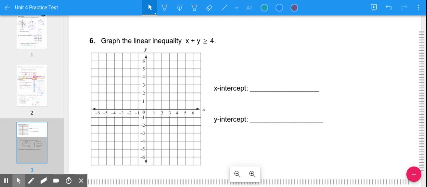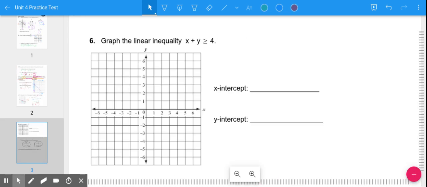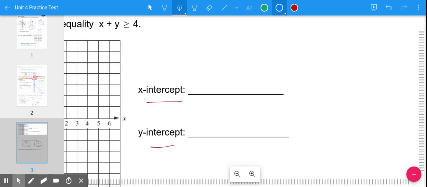Next page. Graph the linear inequality x + y is greater than or equal to 4. It kind of helps you by saying it needs its x and y intercept. So in order to find the x and y intercept, we're going to plug in 0 for our y and 0 for our x. If I bring my equation, I'm going to get x + 0 is greater than or equal to 4, so x is greater than or equal to 4.